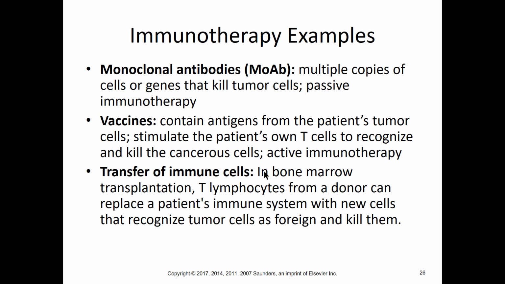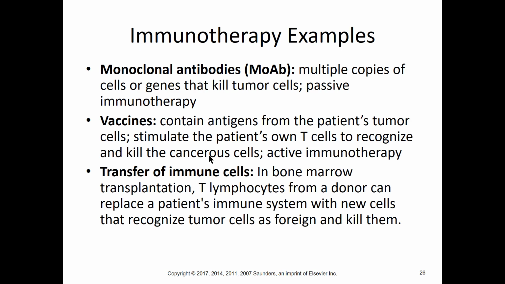Immunotherapy examples would be monoclonal antibodies, which are multiple copies of cells or genes that kill tumor cells, or passive immunotherapy. Vaccines, like I discussed earlier, contain antigens from the patient's tumor cells that stimulate the patient's own T cells to recognize and kill the cancer cells.